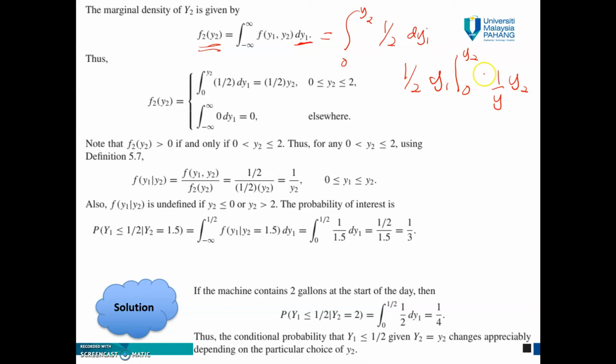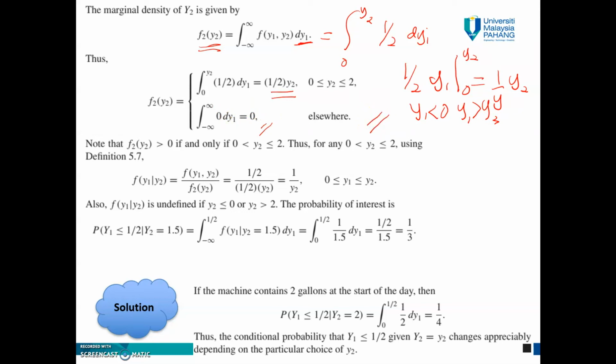Okay, and y2 is between 0 and 2. For others, that means y1 between 0 and y2. If you have y1 less than 0 or y1 greater than y2, what is the value here? It will be 0. So this is the first marginal distribution function.